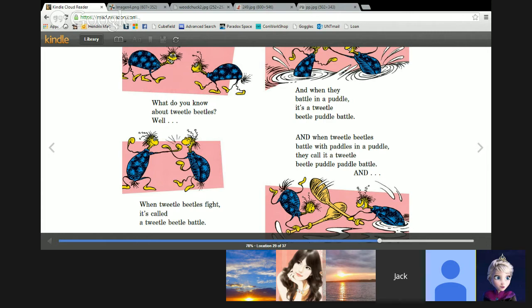Okay, and when they battle in a bottle, it's a Tweedle Beetle Bottle Battle. And when Tweedle Beetles battle with paddles in a bottle, they call it a Tweedle Beetle Bottle Battle.